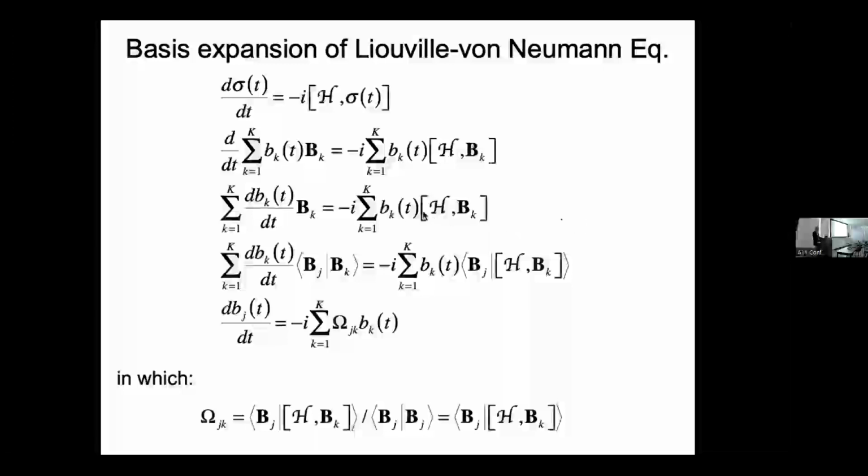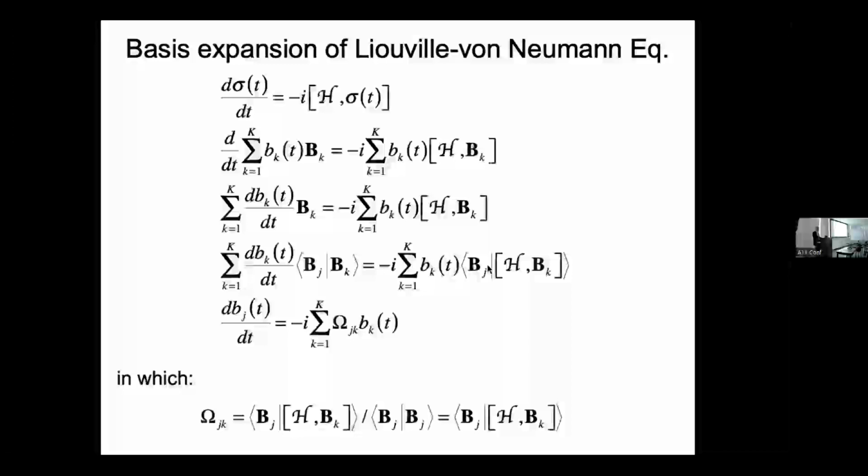And I can apply orthogonality here, so that collapses the sum to only the case where j is equal to k.